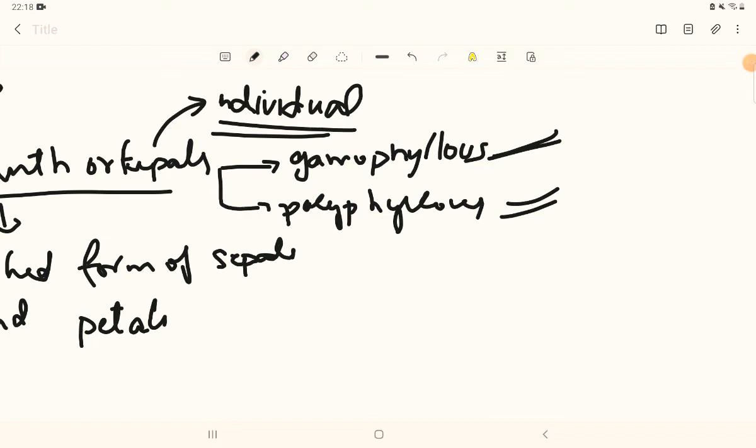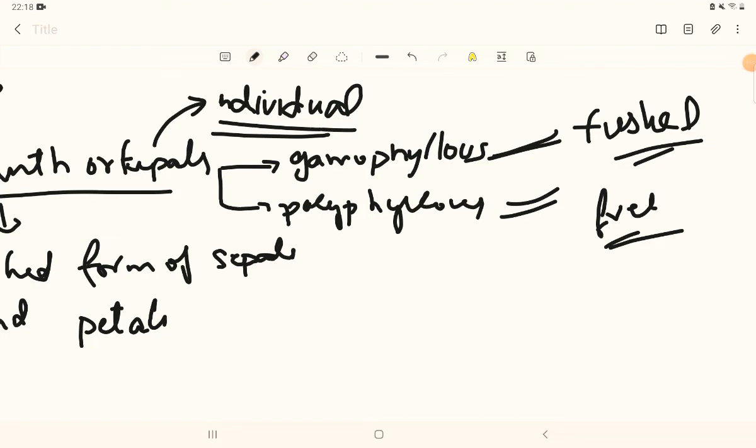Okay, fine. Gamo is fused, and poly is free.